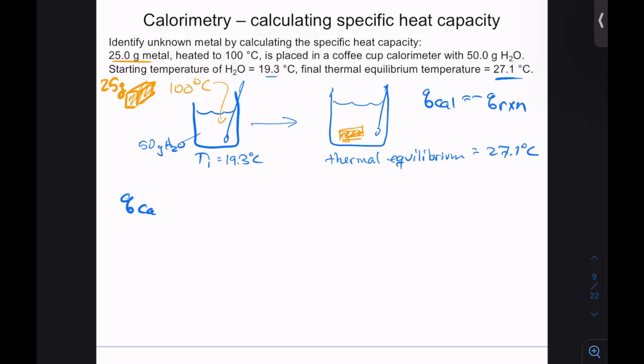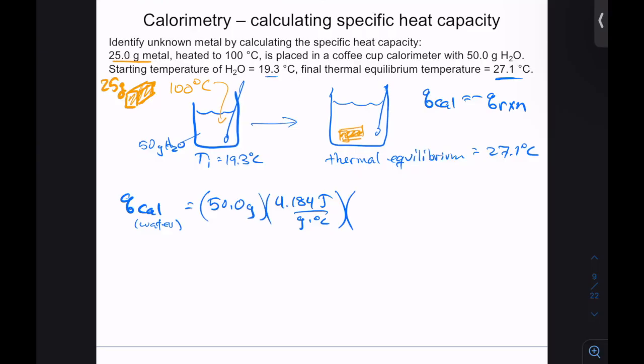The Q of the calorimeter, right? That's just the water now in the calorimeter. That's going to be equal to the mass of the water. That was 50 grams of water. The specific heat capacity of water, 4.184 joules per gram degree Celsius. And the temperature change that the water experienced. Now the water's getting warmer.